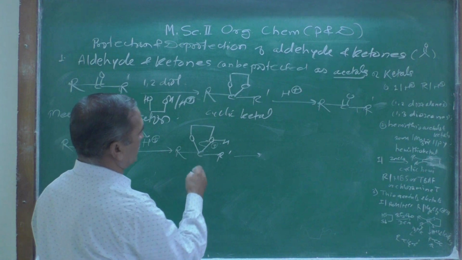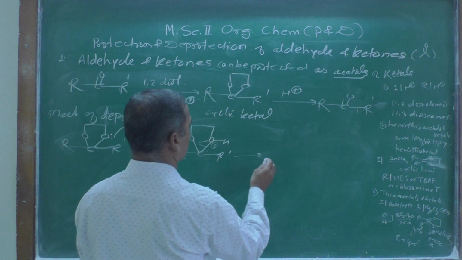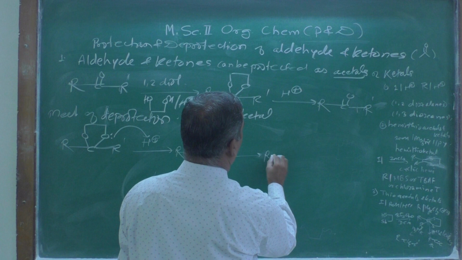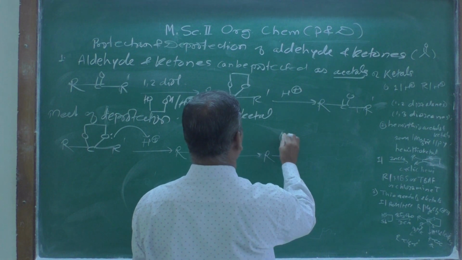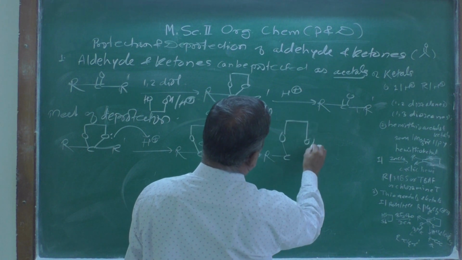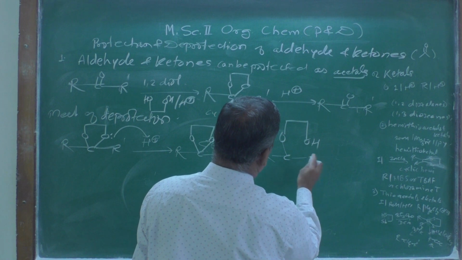It is neutralized by bond breaking, so that you are going to get here RC, then here O, CH2, then OH, then R dash.